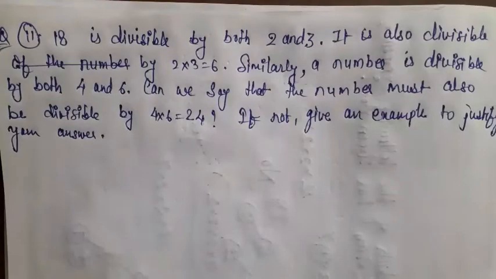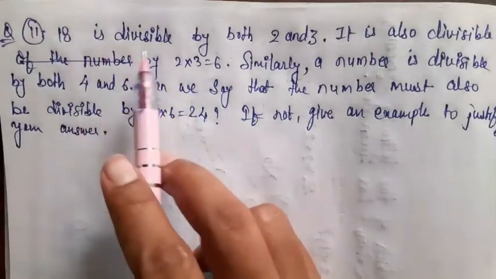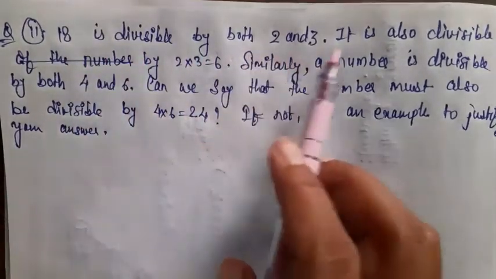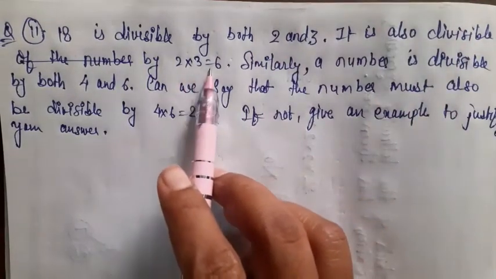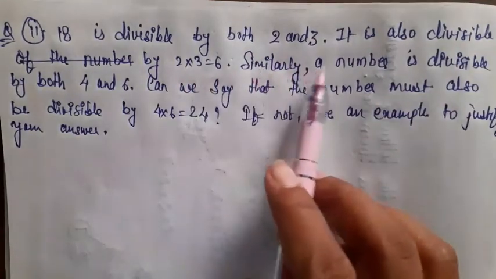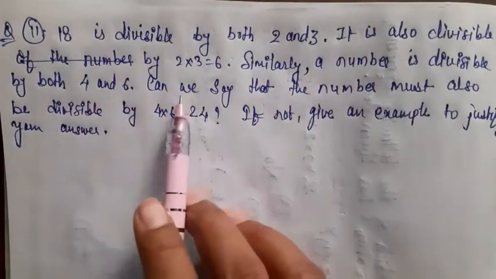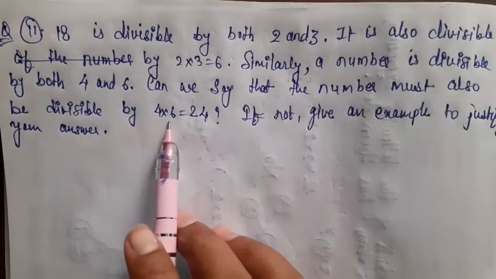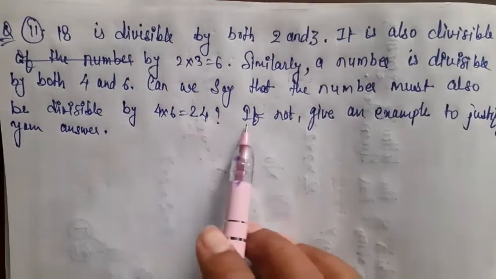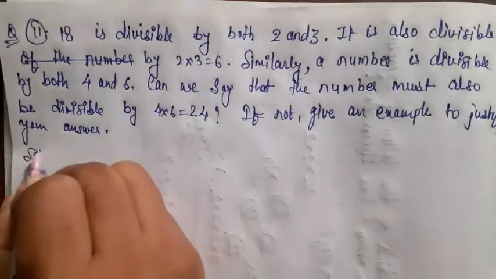Now coming to question number 11. 18 is divisible by both 2 and 3. It is also divisible by 2 multiply 3, that means 6. Similarly, a number is divisible by both 4 and 6. So can we say that the number must also be divisible by 4 into 6, meaning 24? If not, give an example and justify.